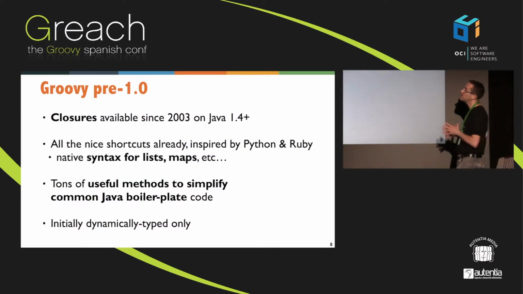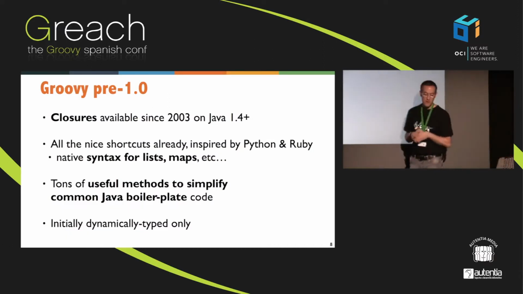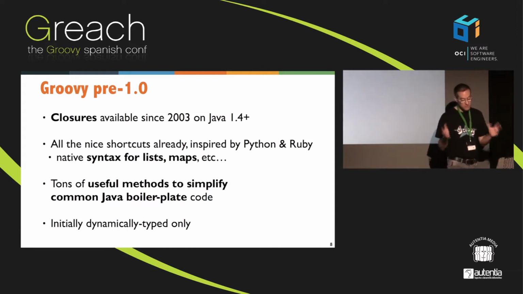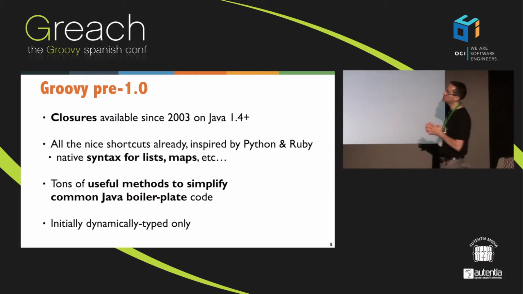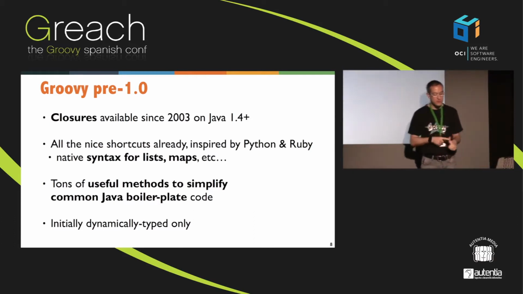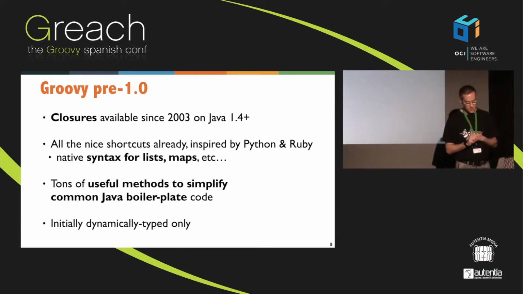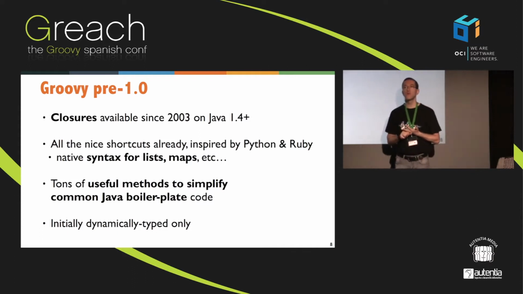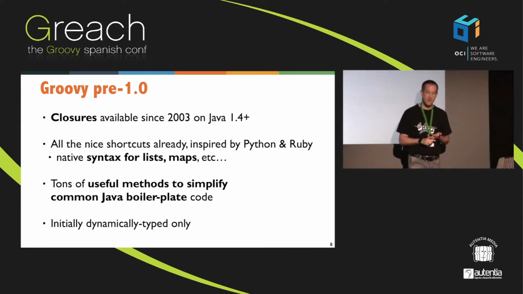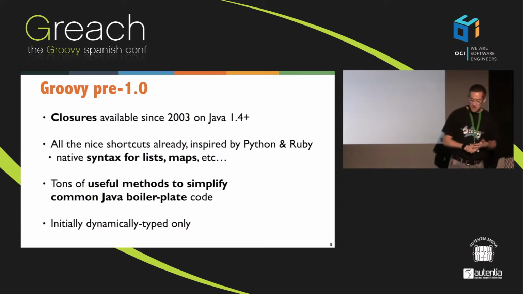And already in 2003, the very first versions of Groovy, not even betas, it was really alpha quality, already had closures. They had the nice syntax for lists and maps, etc. There was already the JDK, all the Groovy methods enriching JDK classes, and it was purely dynamically typed.